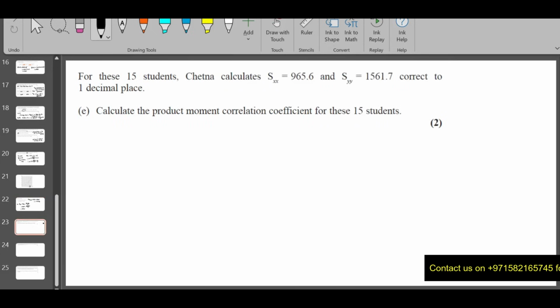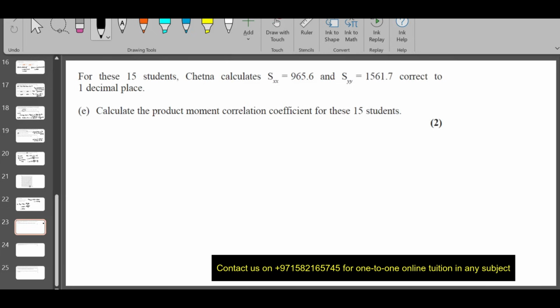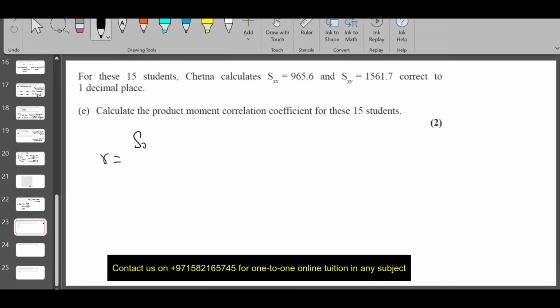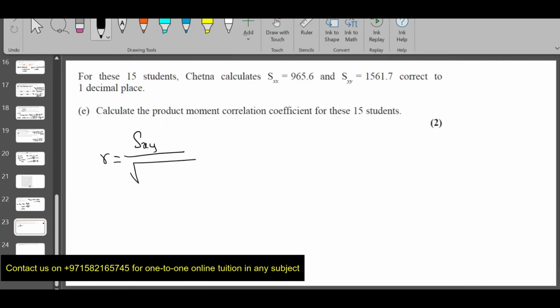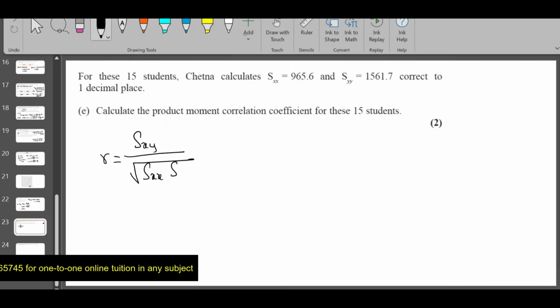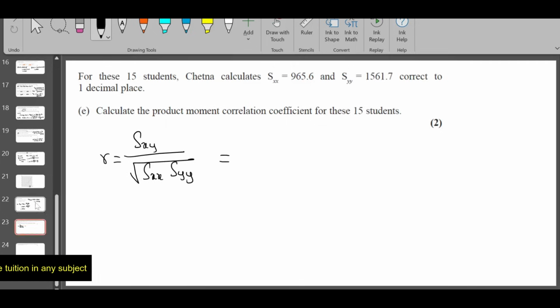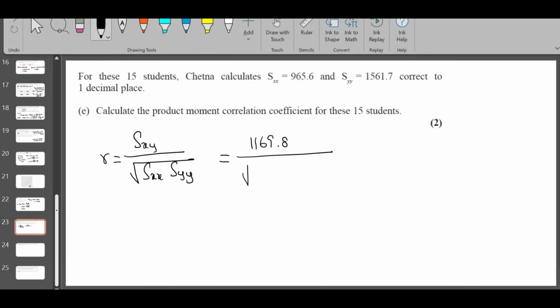For these 15 students, she calculated Sxx, Syy, find PMCC. The formula is Sxy over square root of Sxx times Syy. We just calculated Sxy here, 1169.8 divided by square root of 965.6. Take it from the question, 1561.7.